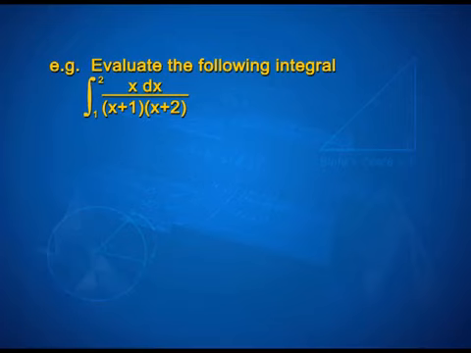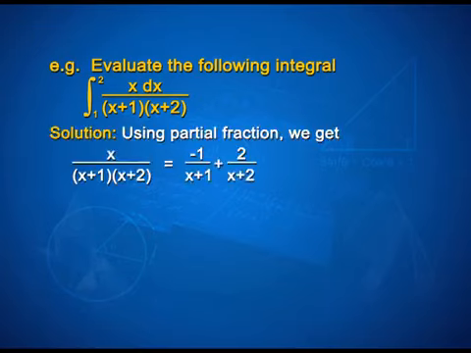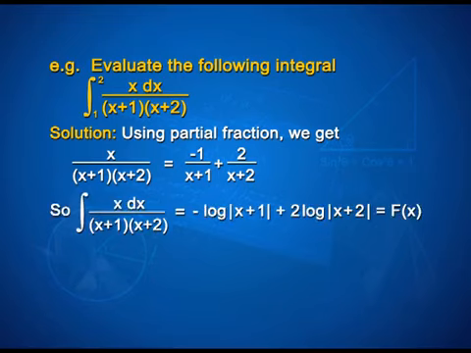Now, one more example. Evaluate the following integral 1 to 2 x dx upon (x plus 1) into (x plus 2). For the solution, using partial fractions, we get x upon (x plus 1)(x plus 2) is equal to minus 1 upon (x plus 1) plus 2 upon (x plus 2). So, integral x dx upon (x plus 1)(x plus 2) is equal to minus log of modulus (x plus 1) plus 2 log of modulus (x plus 2), that is equal to F(x).